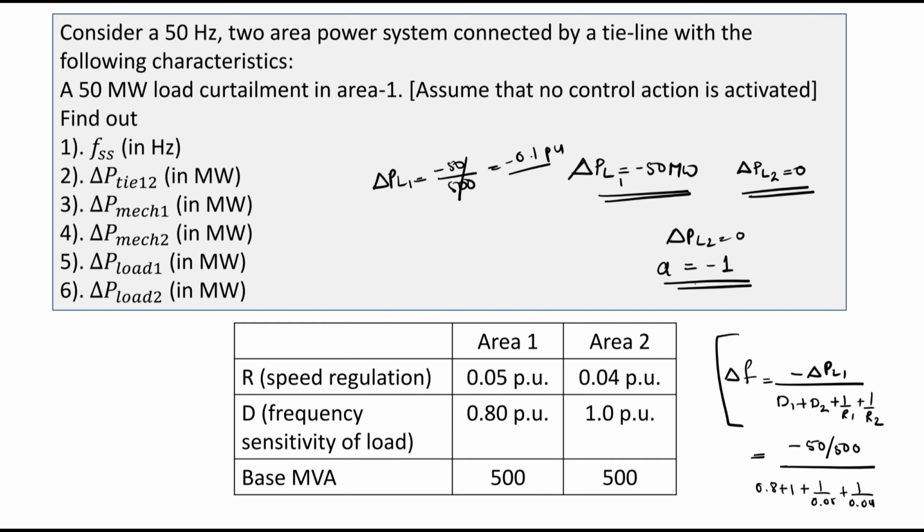This is minus 50 divided by 500, so delta PL in per unit is minus 0.1, divided by 0.8 plus 1 plus 0.04.